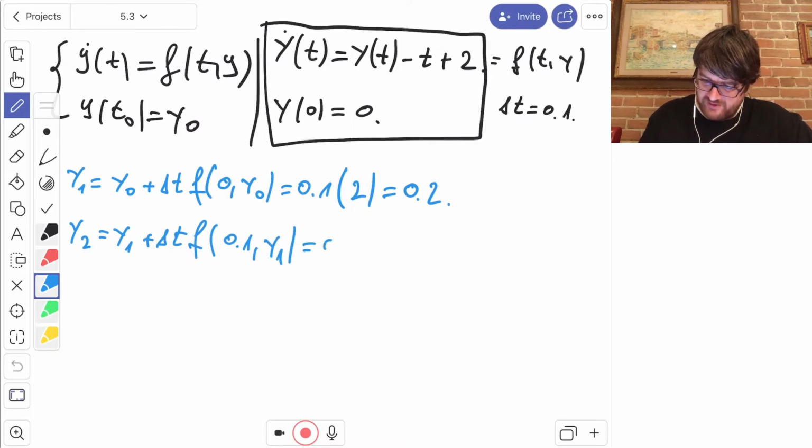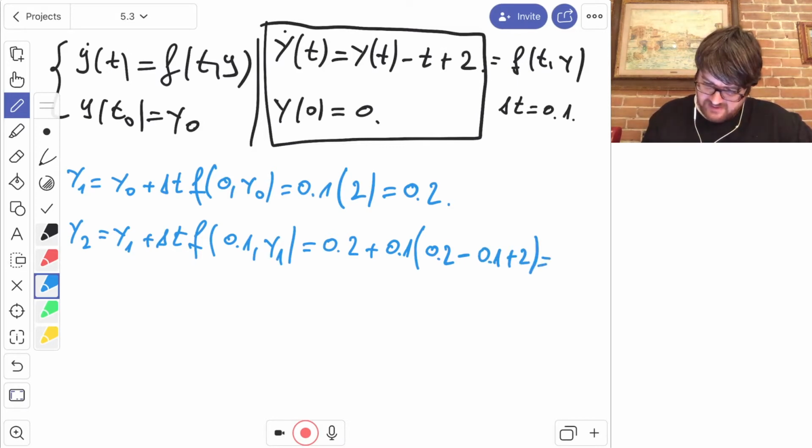So it's going to be 0.2 plus delta t 0.1 times f of 0.1 and y1, which is 0.2, minus t1, which is 0.1, plus 2, equals 0.2 plus 0.1 times 2.1.